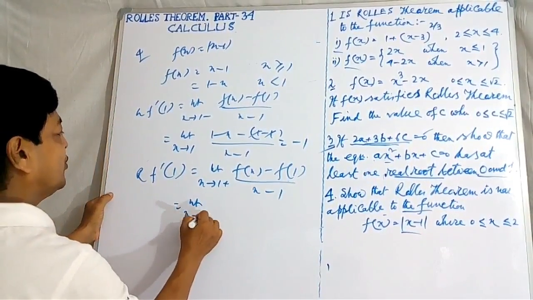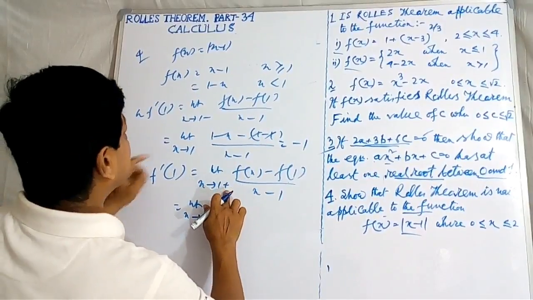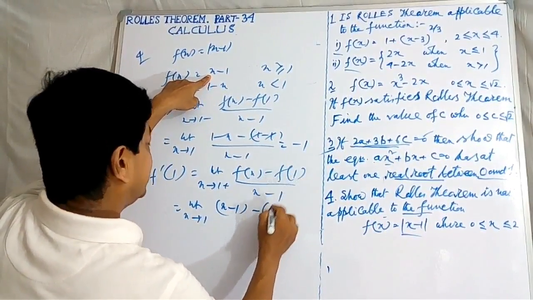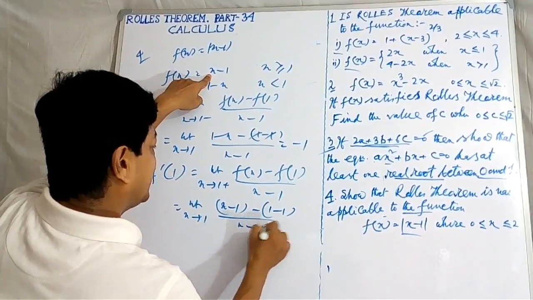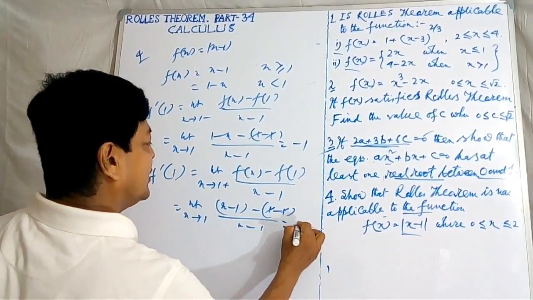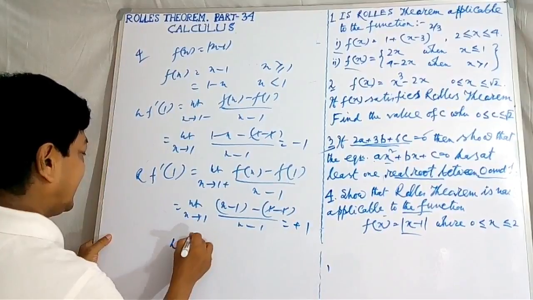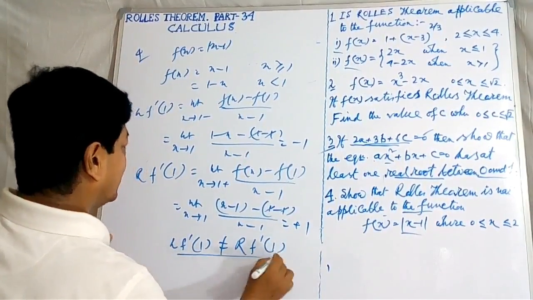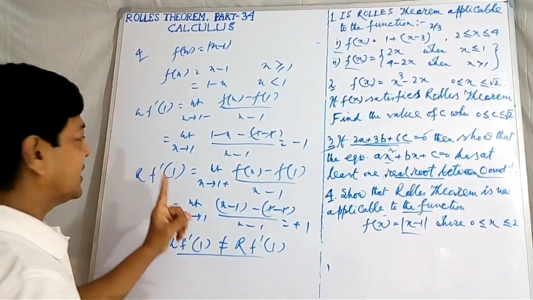Rf'(1) means the limit as x tends to 1 plus of (f(x) minus f(1)) by (x minus 1). For x greater than 1, f(x) is x minus 1, minus f(1), which is 0, by (x minus 1). This cancels out and equals plus 1. So Lf'(1) is not equal to Rf'(1). So it is violating one of the conditions.